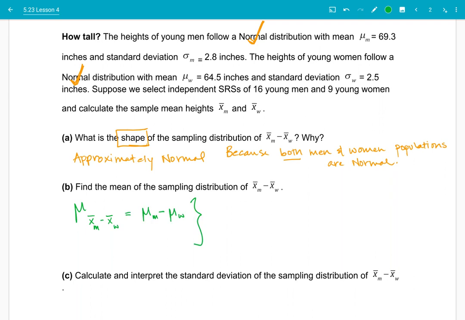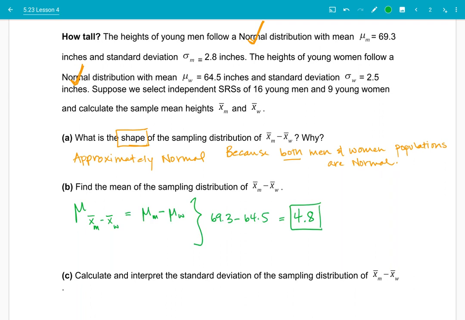So that's what the symbols look like in terms of numbers. We've got 69.3 minus 64.5. That difference is going to be 4.8. So the mean of our sampling distribution is going to be 4.8.